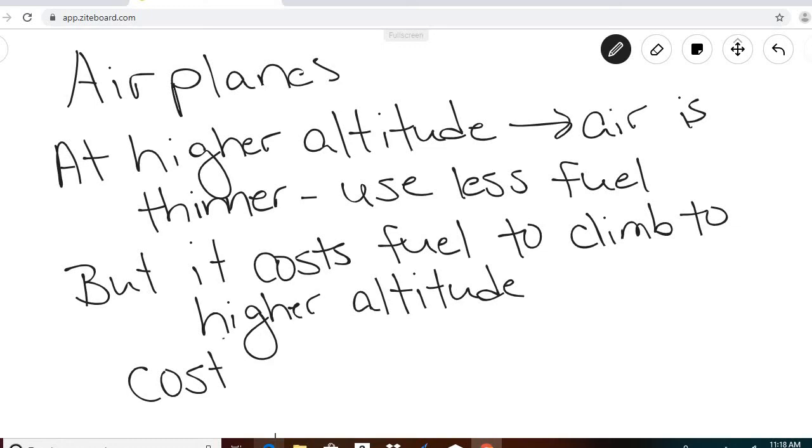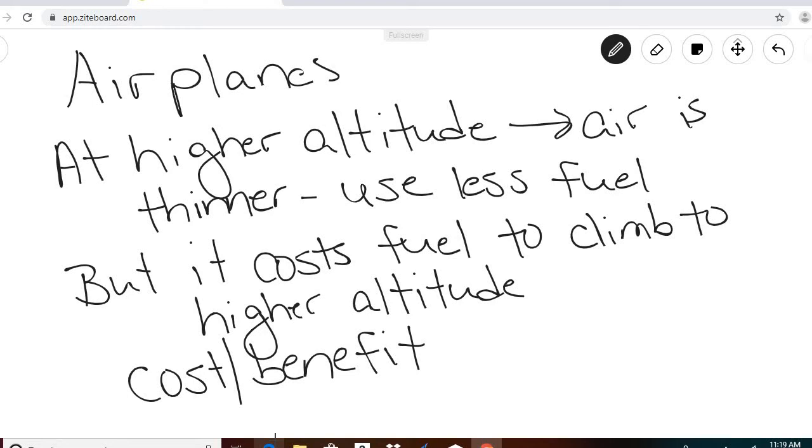We talked about the cost-benefit analysis. What commercial airlines have to do is weigh the benefit of flying at higher altitudes using less fuel against the fuel it costs to get there.